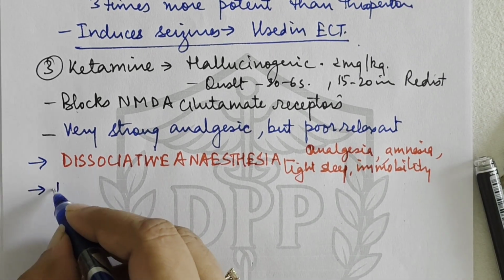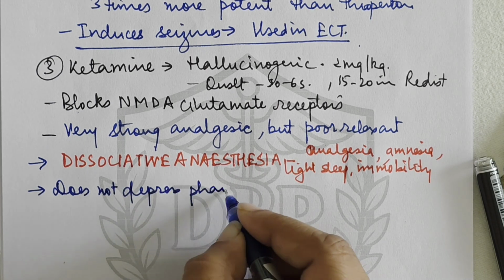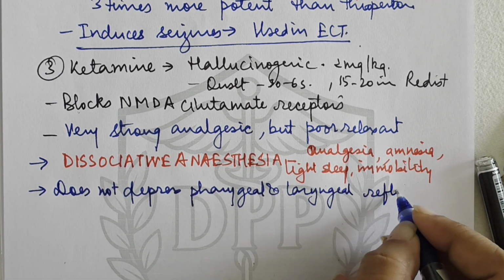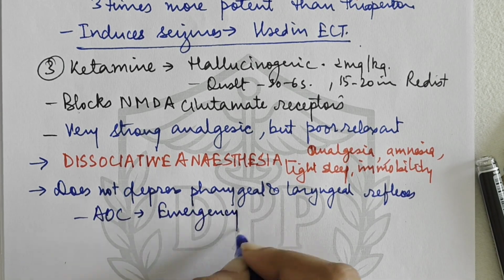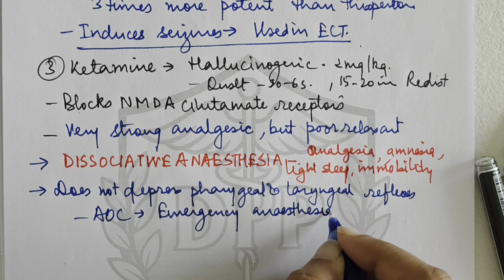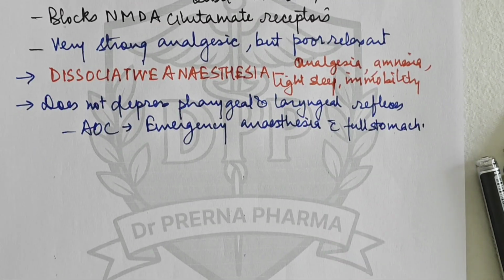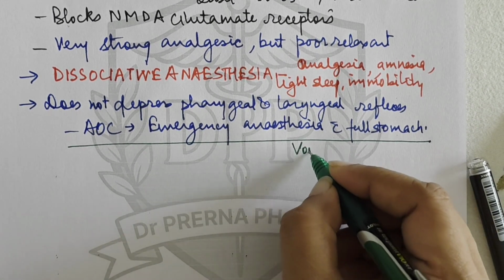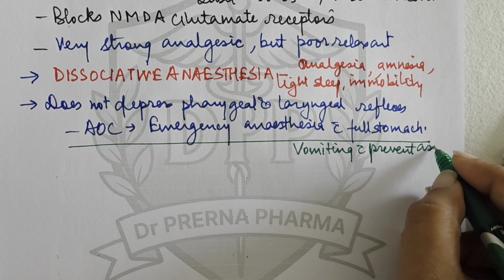Okay, it does not depress the pharyngeal and laryngeal reflexes, so it is the agent of choice in emergency anesthesia with full stomach, right? So because it does not depress the reflexes, it is agent of choice in anesthesia with full stomach, because vomiting will happen and vomiting will prevent the aspiration.